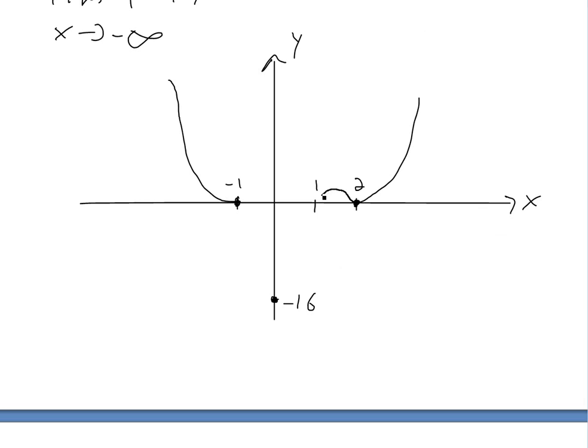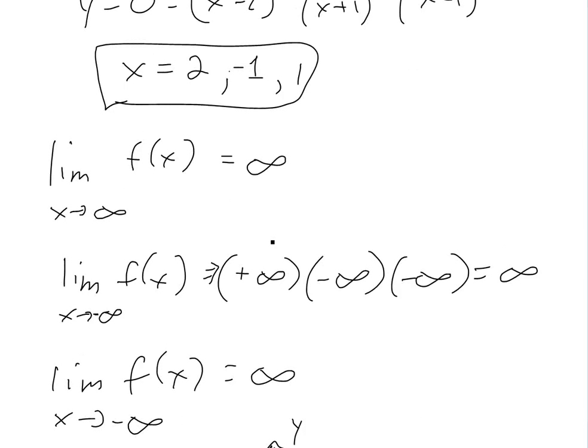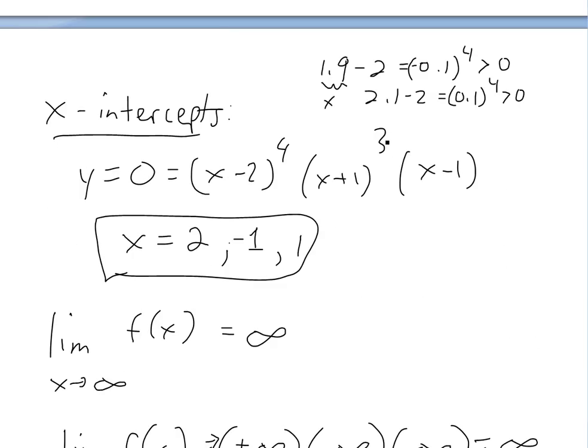So it's going to be something like this, and then we're going to have an intercept right here. And these ones always cross because of this odd function right here. For example, this one is to the power of 1, still an odd function, because if you had 0.9 minus 1, this is negative 0.1, less than 0, and 1.1 minus 1 equals 0.1, greater than 0.